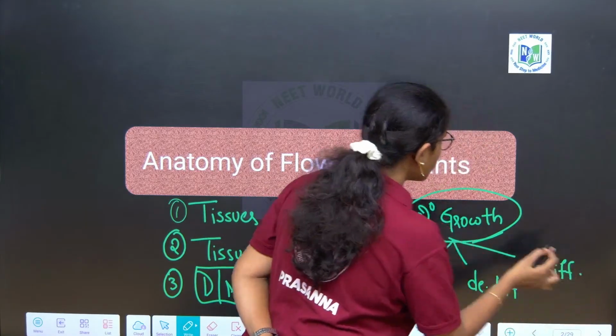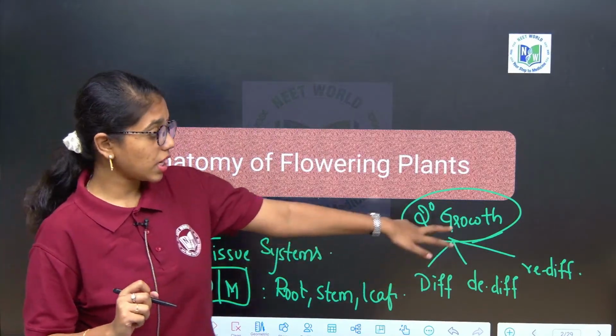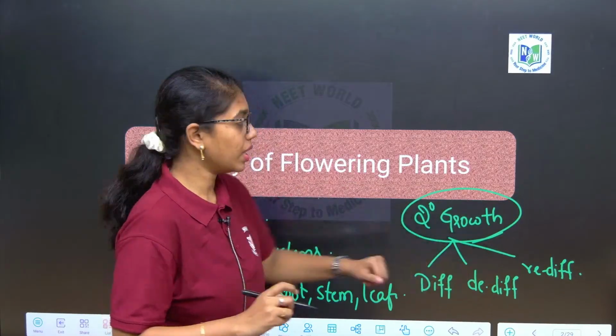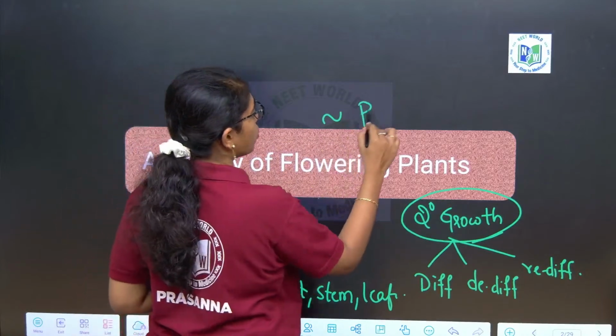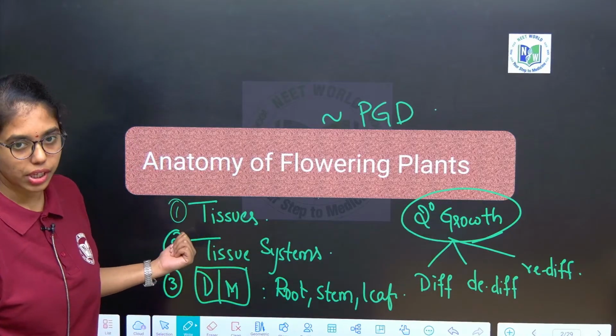In this context, you have to go through the secondary growth. And this concept of anatomy is connected with one more chapter in our NCERT, plant growth and development. This is how you have to deal with the chapter.